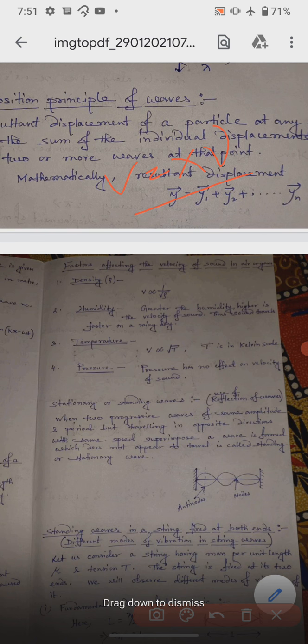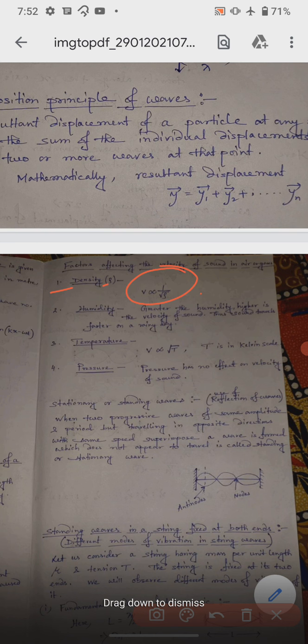Then this velocity depends on some factors. So here we are discussing the factors which affect the velocity in air medium or gaseous medium. The first factor that I have written here is density. It is represented by rho. How does velocity depend on density?